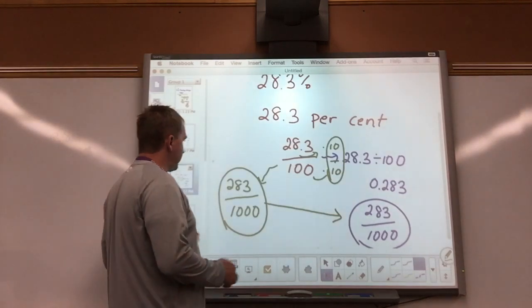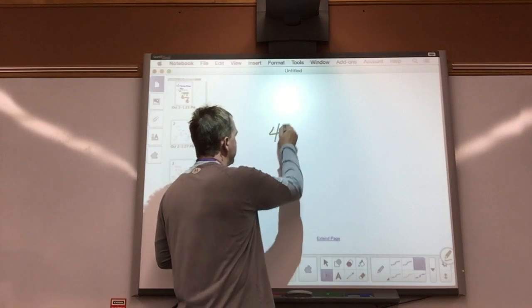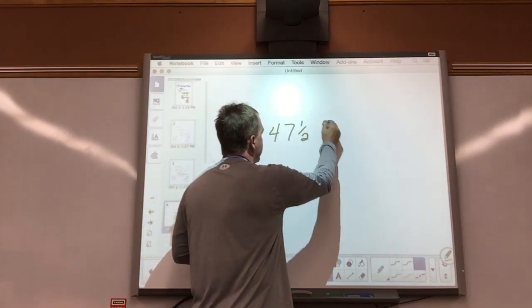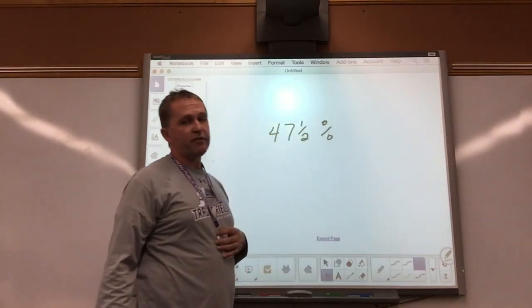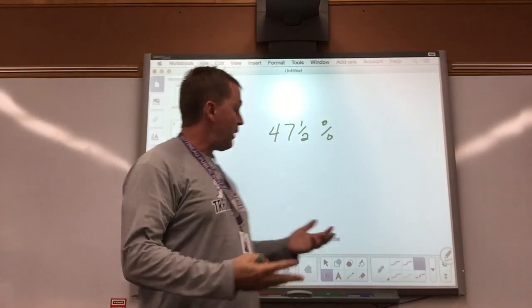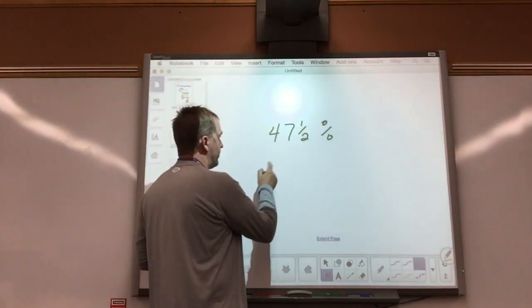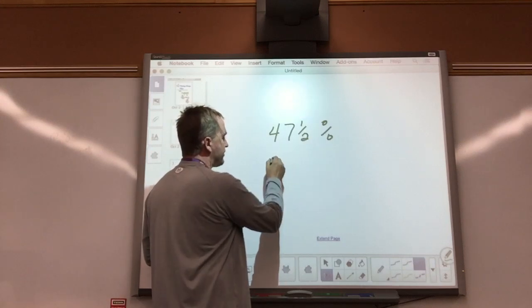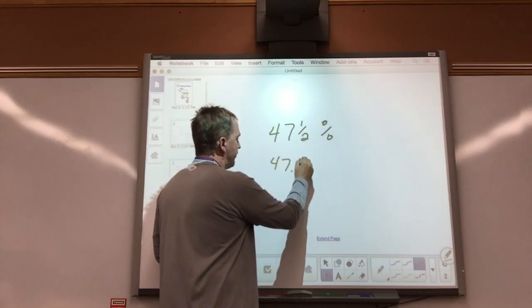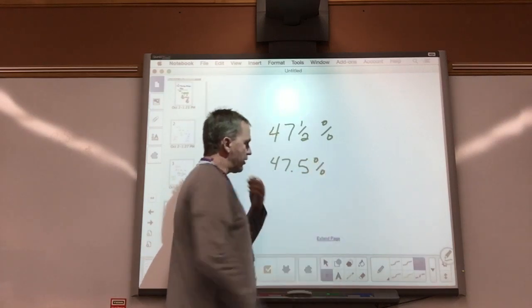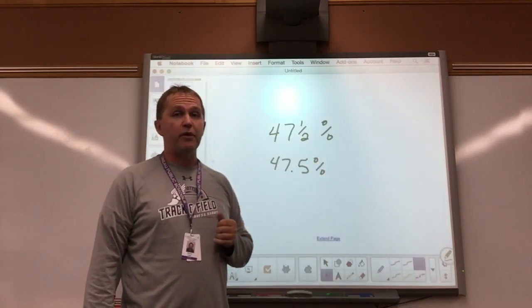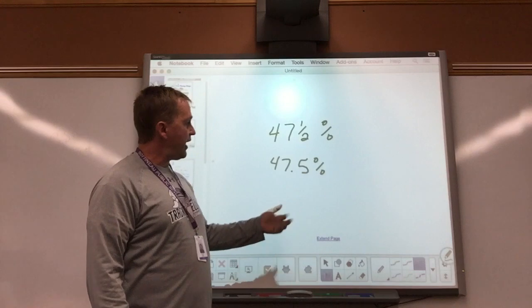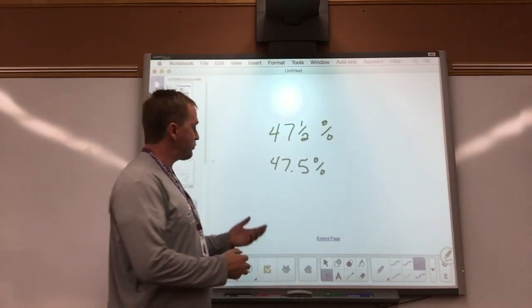So let's then look at the problem that our student encountered on the college readiness exam. What about 47.5%? My suggestion to you would be to take the 47.5% and hopefully you recognize right away that 1/2 is the same as 0.5. And if it were me, I'd love to go and change that and make that 47.5%. And if I do that, I'm going to do what I simply did in the previous problem.